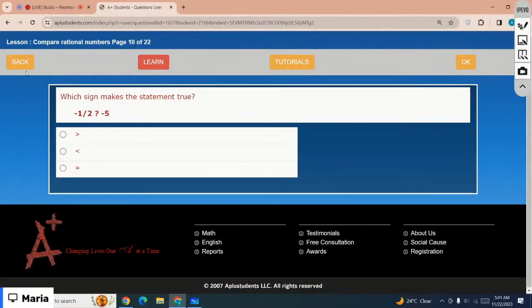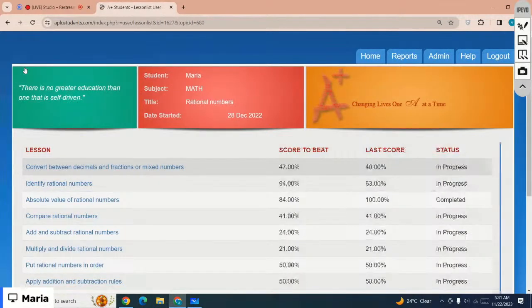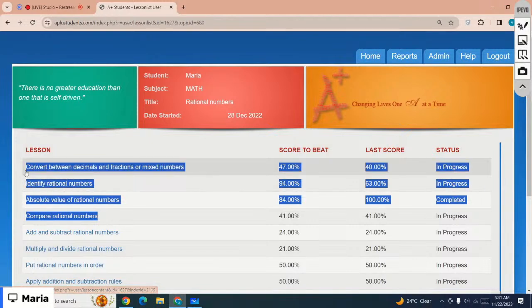Okay, you can complete the lesson by yourself later today. We are working on grade 7 math, on the chapter rational numbers.